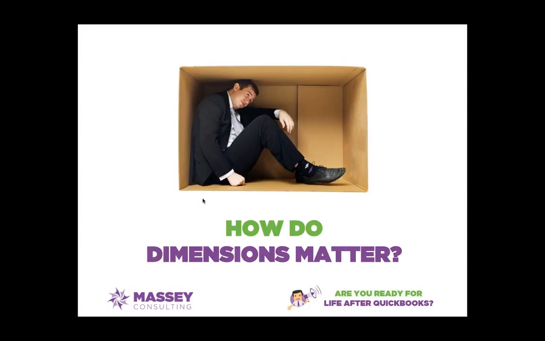All right. So, how or why do dimensions matter? And I chose this picture because this gentleman sort of reminds me of a traditional legacy accounting system. And if you'll think about the box that he's in, that's the methodology for handling a chart of accounts in a traditional accounting system, and you're boxed in on that.